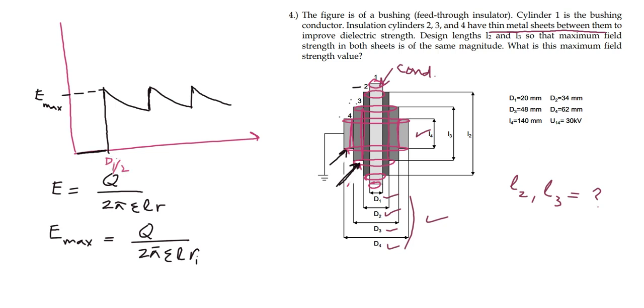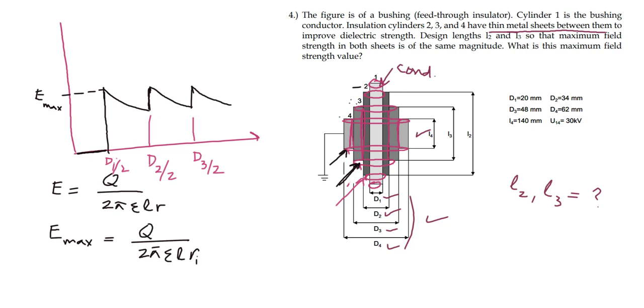So we will have maximum electric field at this point, where the radius is d1 by 2. Then at this point, we will have d2 by 2. At this point, we will have d3 by 2. So these are the points where we will have maximum electric fields.